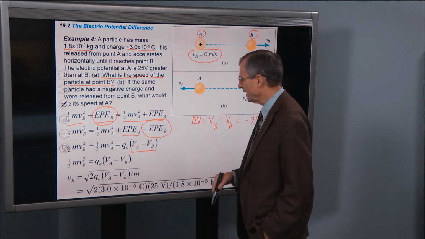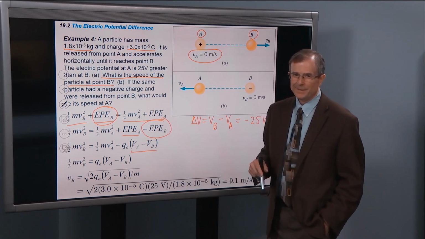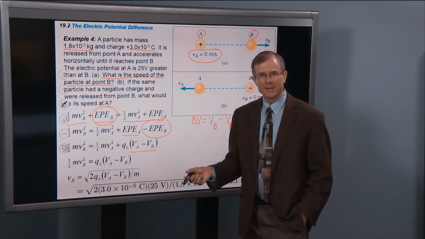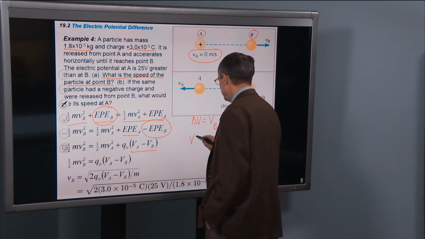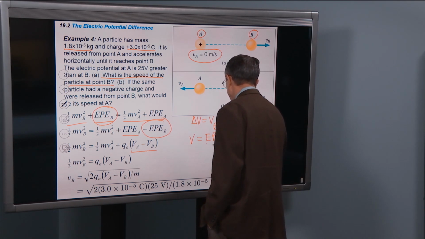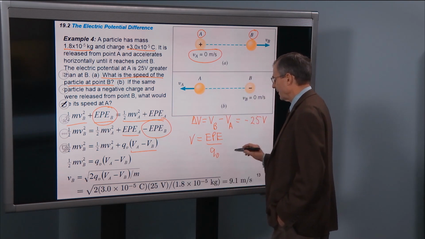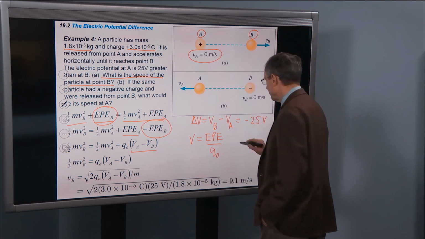And how are those related? Well, V is the electric potential energy divided by the charge. Remember, V is the electric potential energy divided by the charge. Well, that's the definition in the concept.